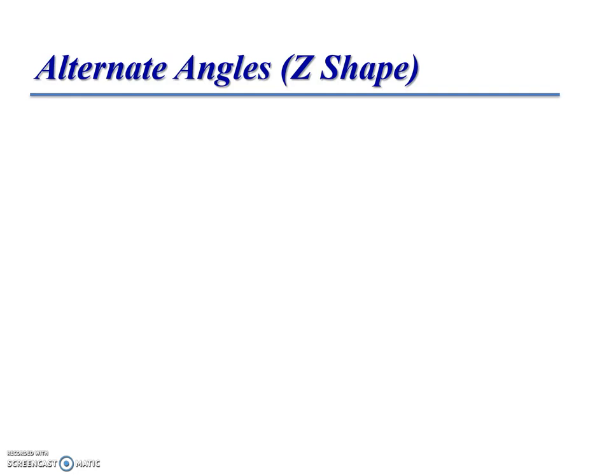Alternate angles, or the Z shape. Now, how to come out with a Z shape in an angle is that you're going to have to draw two parallel lines. And you know that parallel lines are lines that will never intersect each other.